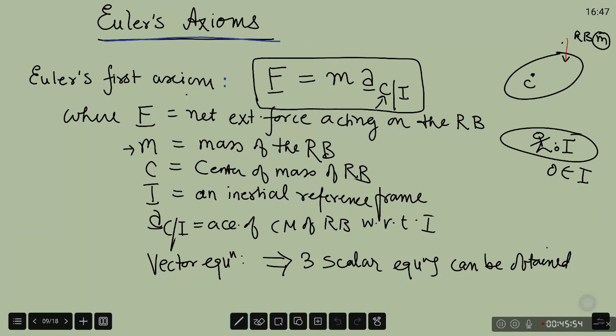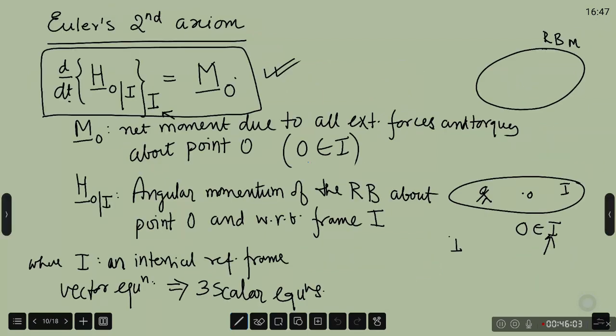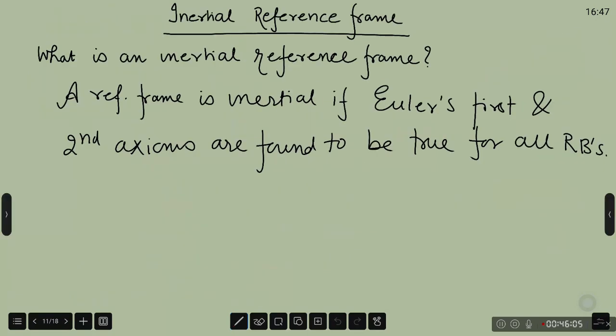This prescription is not there. So that's why I said it's a self-serving definition. Euler is giving axioms and then saying that it is true in an inertial frame. And when you ask what is an inertial frame, he says that it is the frame in which my axioms are true. So that is why it's somewhat funny.